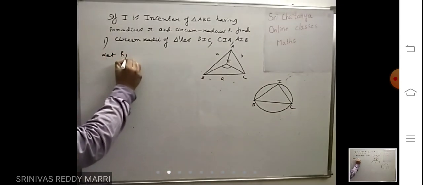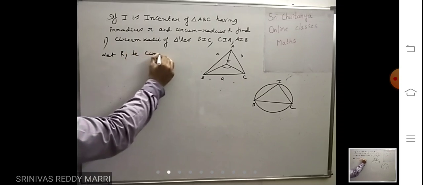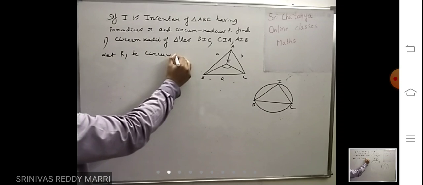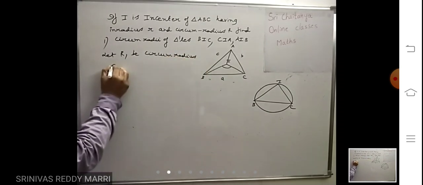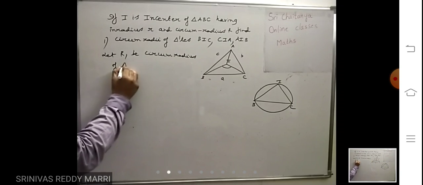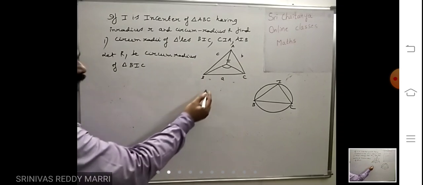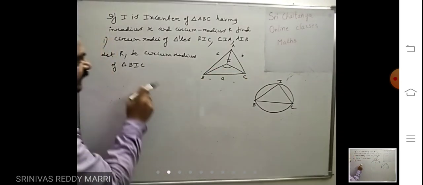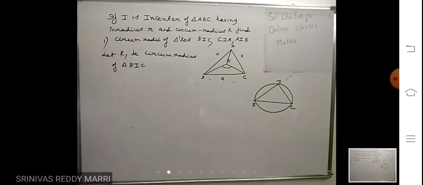Let R1 be the circumradius of triangle BIC. You have to calculate R1.